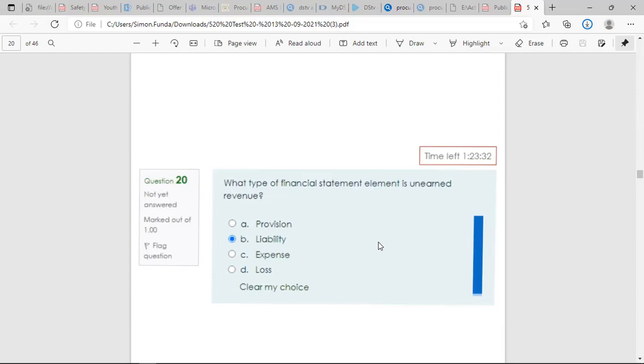In accounting, it does not work like that. So we only recognize the revenue that we have earned. Unearned revenue is not recognized as revenue in financial statements. It cannot be an expense, it cannot be a loss, it cannot be a provision. Maybe it can just be called a liability. Okay.